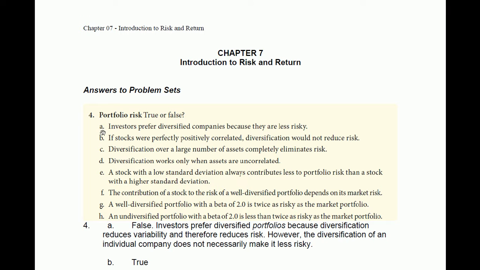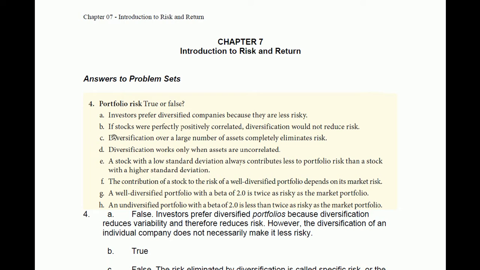A. Investors prefer diversified companies because they are less risky. This is certainly false, because investors prefer diversified portfolios, mainly because diversification reduces variability and therefore reduces risk. But it has nothing to do with an individual company if it's diversified or not.